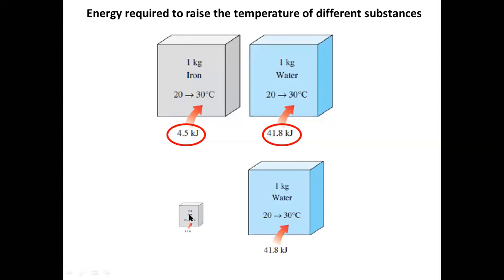But 1 kg of water is 1 liter, 1000 ml. 1000 ml of iron is quite huge, heavy. It's difficult to carry even. You can see the size-wise difference and the energy-wise difference. Very interesting, and this difference makes the material unique for specific applications.